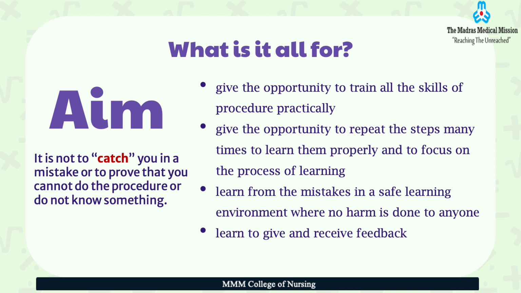Then, it also helps to learn from the mistakes in a safe learning environment where no harm is done to anyone, which is very important and crucial. And it also helps in learning to give as well as receive feedback.